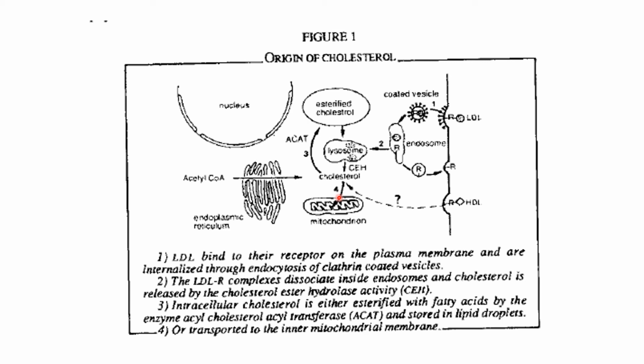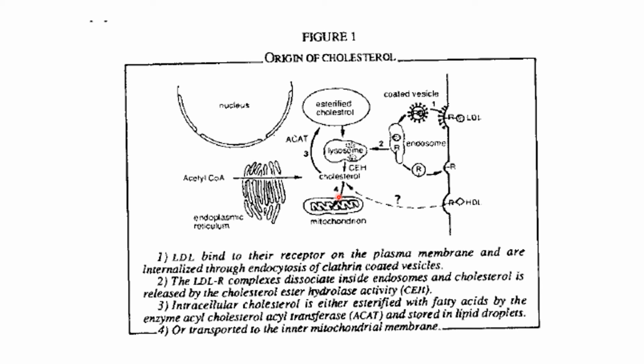STAR stands for steroidogenic acute regulatory protein. STAR is definitely controlled by LH, and it is one of the initial rate limiting steps in making steroids.